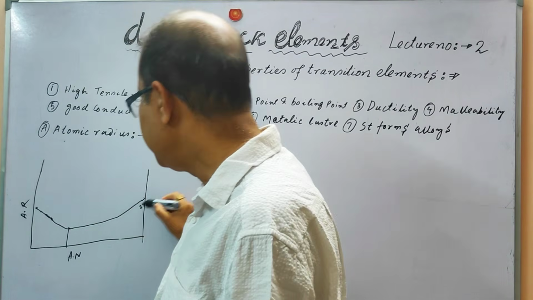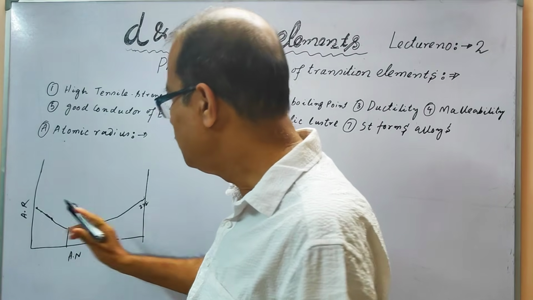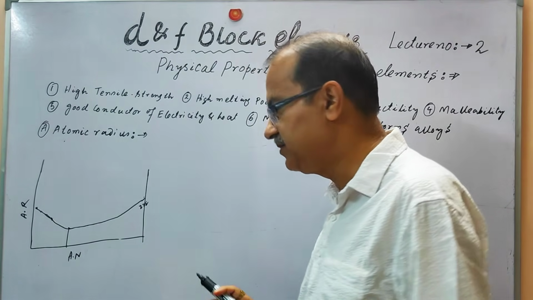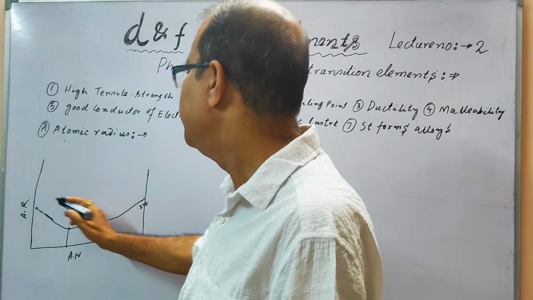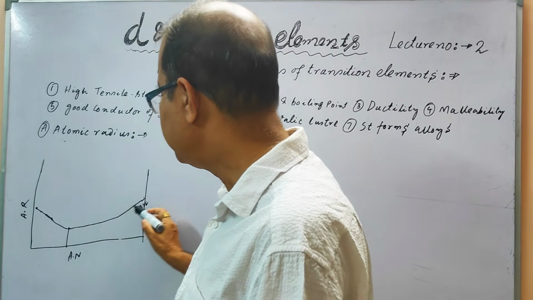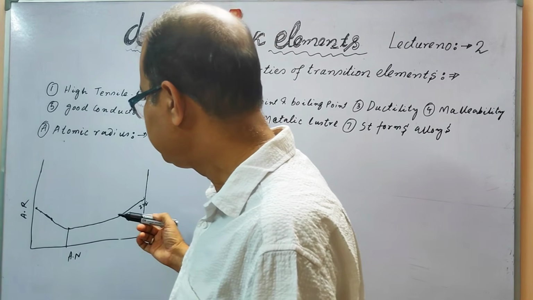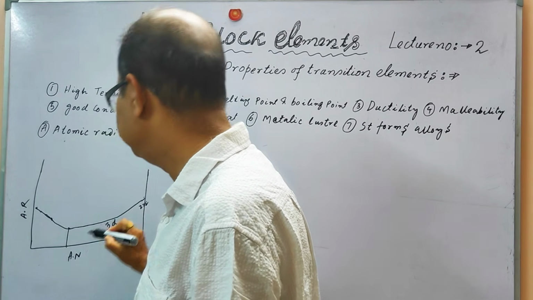You will see this is the graph. As we move from the left hand side to the right hand side, you will find there is first a decrease in the atomic radius, afterwards an increase. This is for the 3D transition elements.